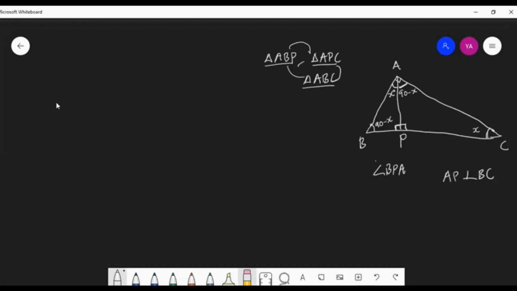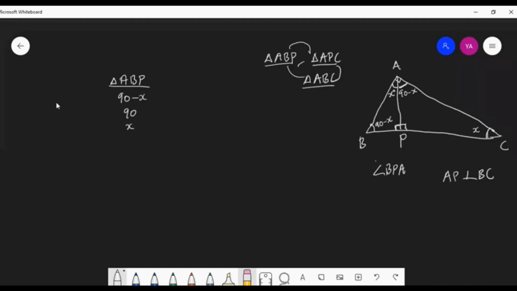So that's enough. Okay, now look at this small triangle ABP. What are the angles of triangle ABP? 90 minus x, then 90, and x.